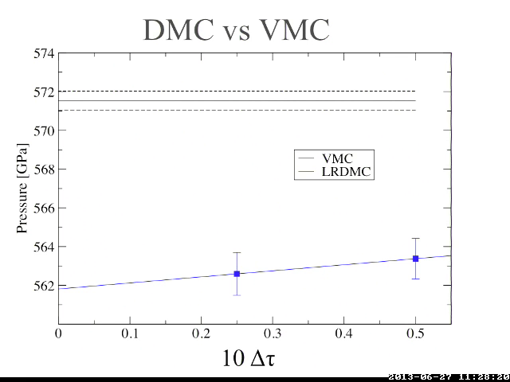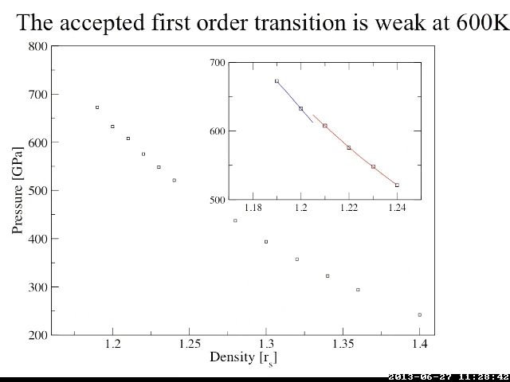We take the configuration equilibrated with VMC, and compute the pressure with DMC. You see the difference, 10 gigapascal, is much less than the size effect, which is huge, 100 gigapascal. So it seems an acceptable approximation to use VMC with this complicated Jastrow.